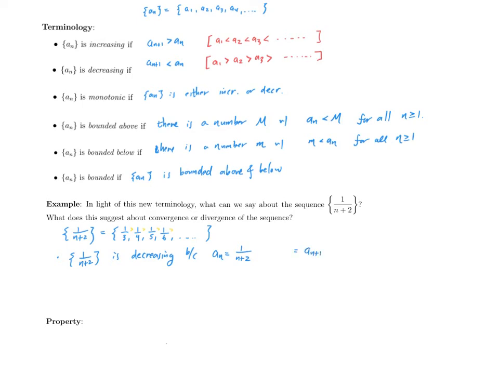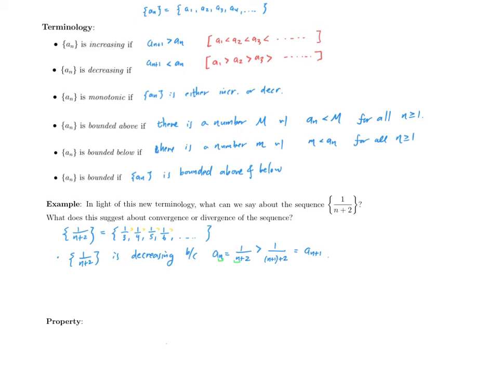So note when you think of a sub n, whatever that subscript is, you see precisely where it goes in the definition of the sequence. So a sub n plus 1 would be 1 over n plus 1 plus 2. And remember, dividing by something bigger gives you something smaller. So that's all the justification we need.